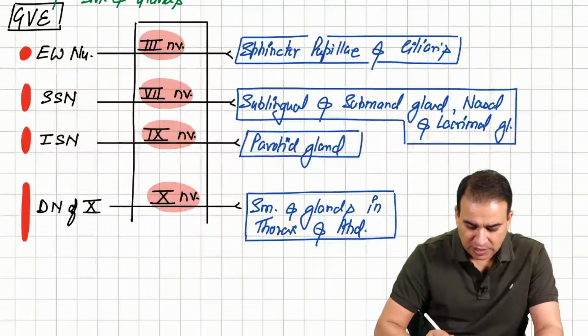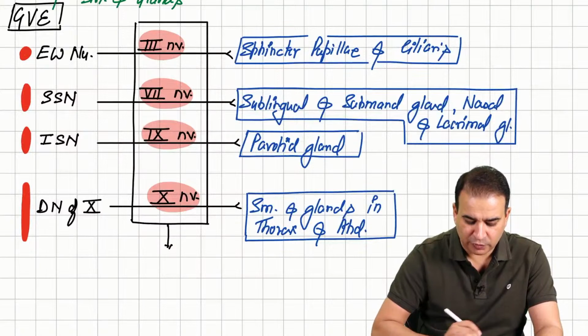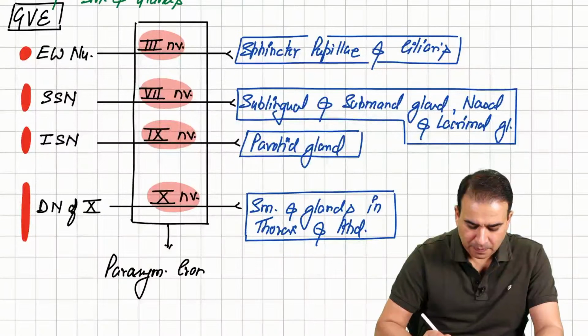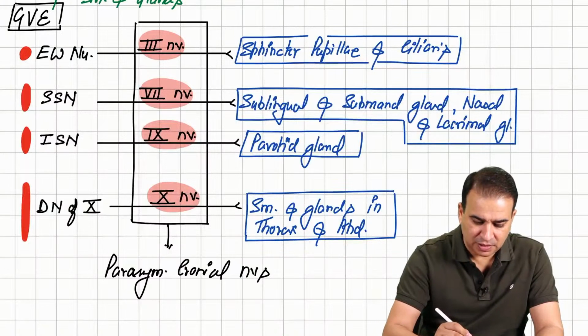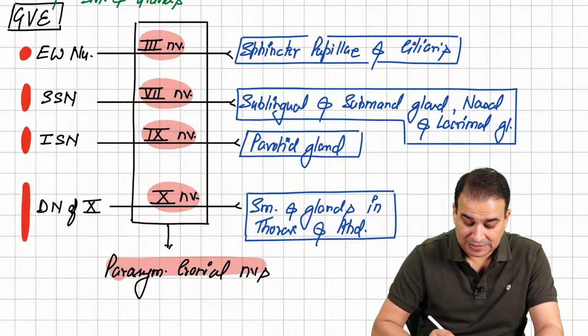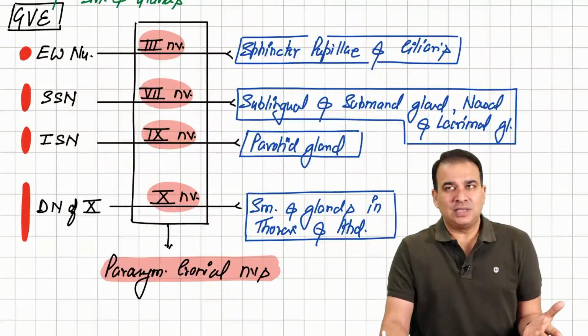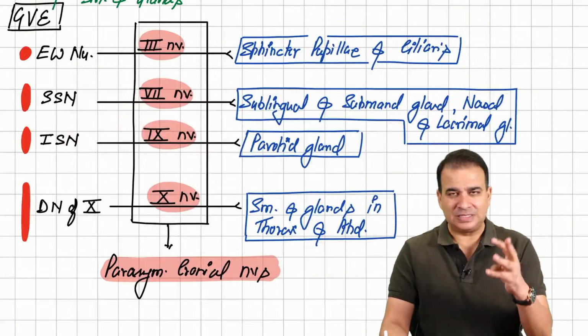That's a question also, which cranial nerves are parasympathetic in nature, and the answer is in front of you. These are 3, 7, 9 and 10. These nerves have a parasympathetic function of supplying the smooth muscle and gland. If the question is asked, which nerves are parasympathetic in nature? 3, 7, 9, 10.